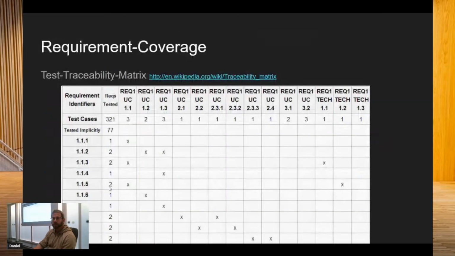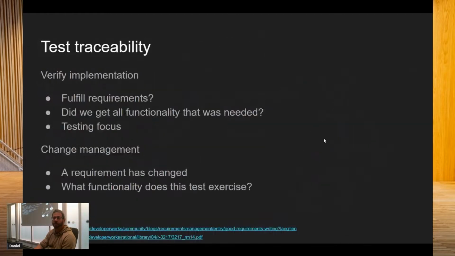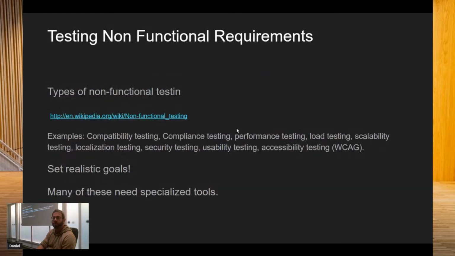Okay, so I said in the requirement pyramid we could have other things in our requirement specification, and one of those things could be non-functional requirements. Functional requirements create functions in our program, which means that we are having stuff like we can log in or something like that.